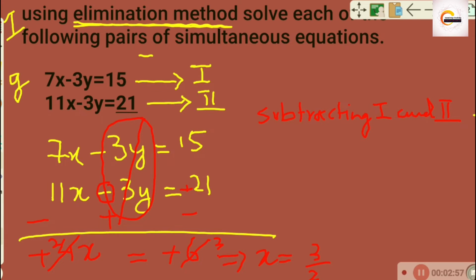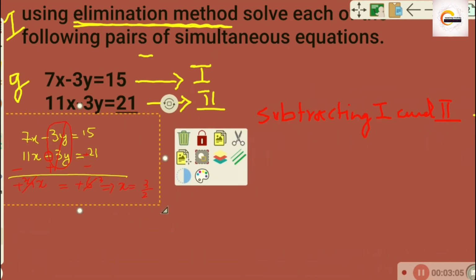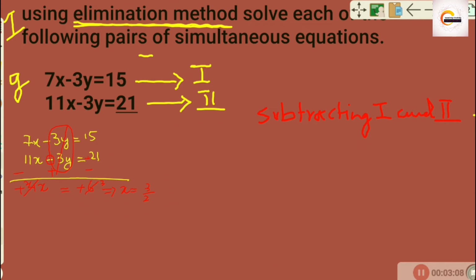Now I am going to put this value, x equals 3 upon 2, in equation 1.